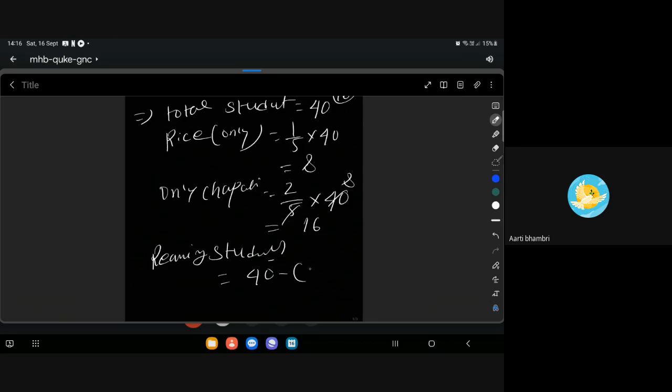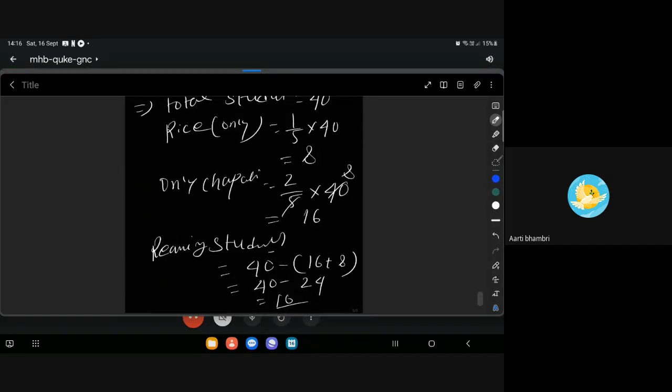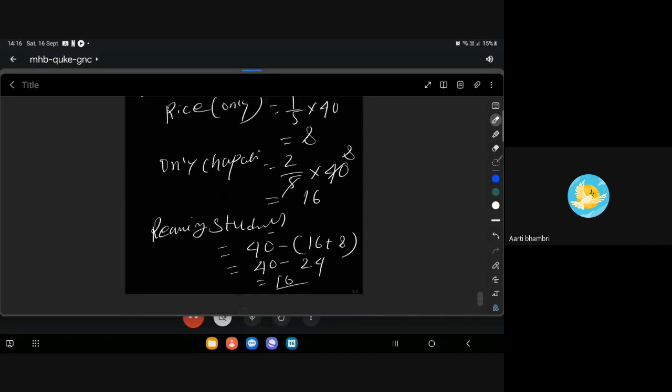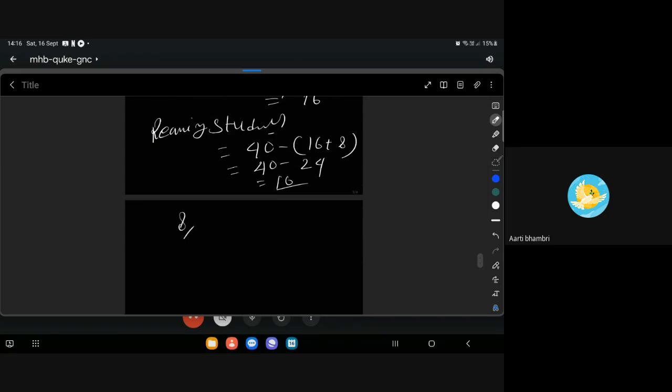So it will give you 40 minus 24, which is 16. So 16 students are eating both. 8 students are eating rice, 16 are eating chapati, and 16 are eating both. See, 16 plus 16 is 32, 32 plus 8 will give you 40. Okay.